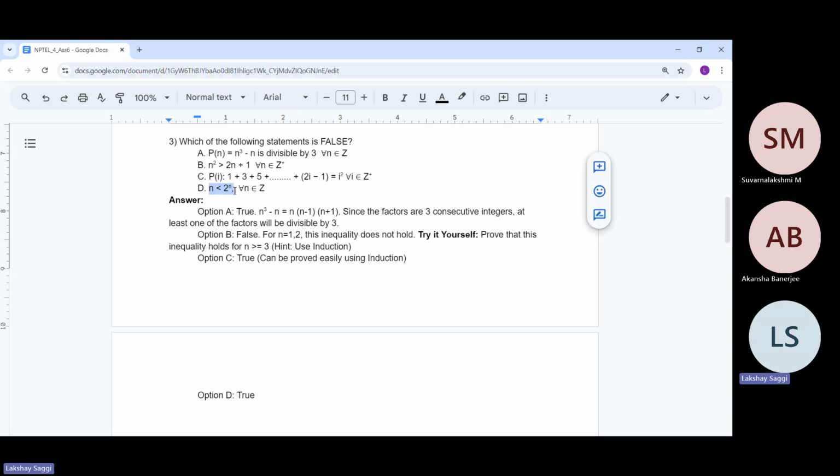So if n was negative, then this inequality holds. We did not even need to use an inductive argument. If n was negative, we could have just said, by the fact that this side is negative and this side is positive, that it holds. And now the remaining part is that we need to show n is less than 2 to the power n only for positive values of n.